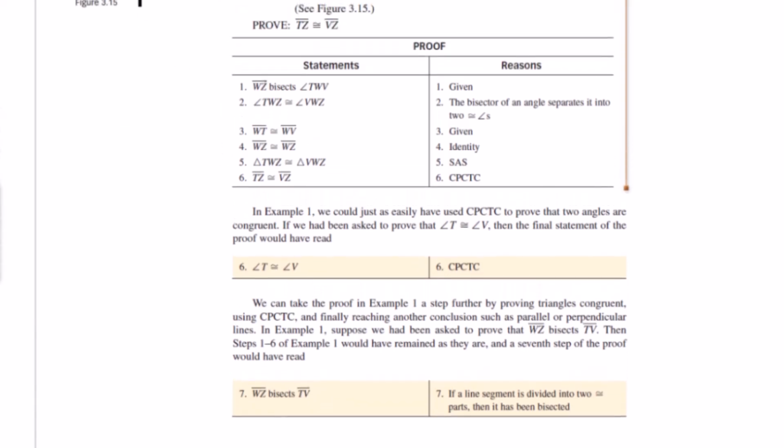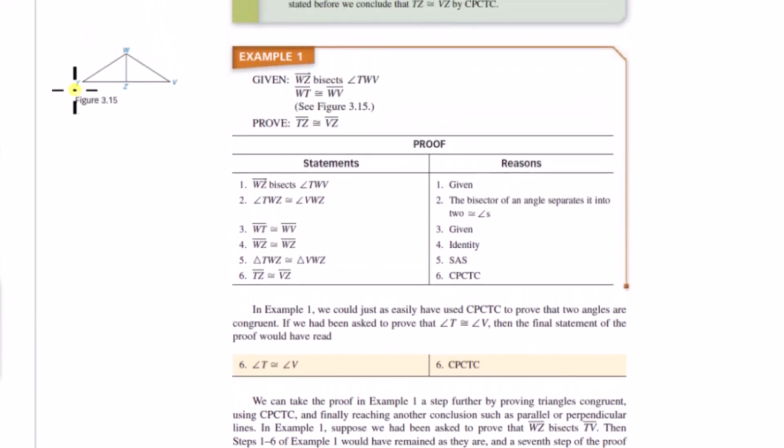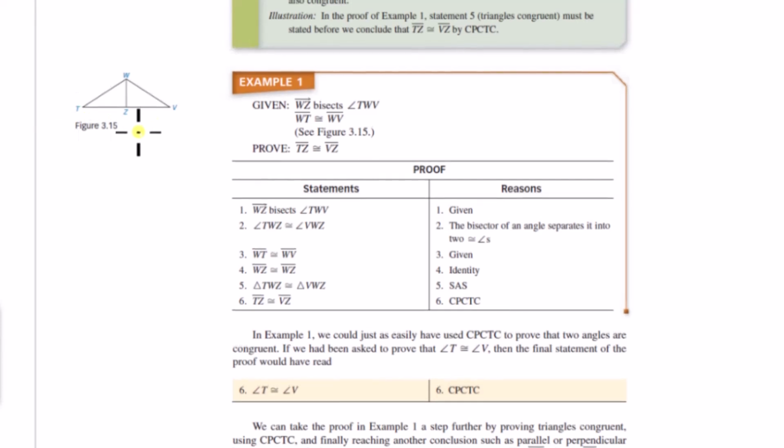So if we come here, WZ bisects TV. Well, okay, what they're talking about is if we show that these two triangles are congruent, WZT and WZV, then we know that we just saw that these two sides are corresponding. So this side is congruent to this side. So there you go. WZ bisects TV.